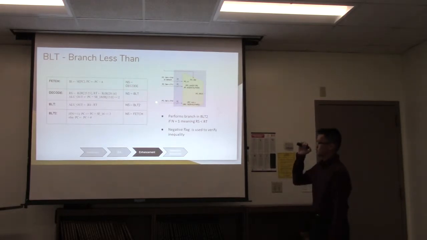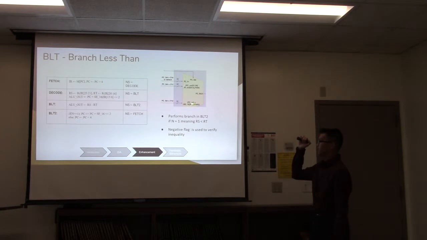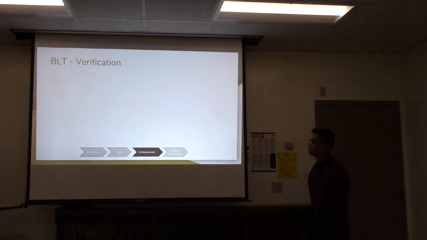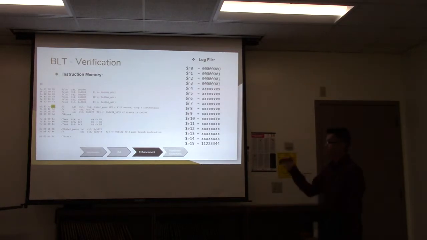And as I've stated before, for this mux right here, for the branch, if PC select equals 2, then it will execute the branch, which is the PC out concatenated with the sign extension and the 2 zeros at the end.